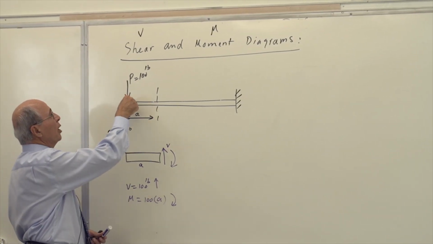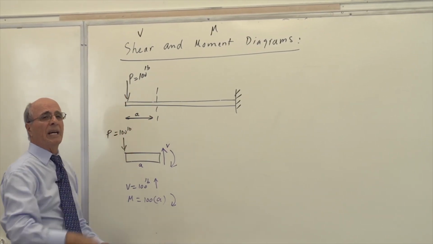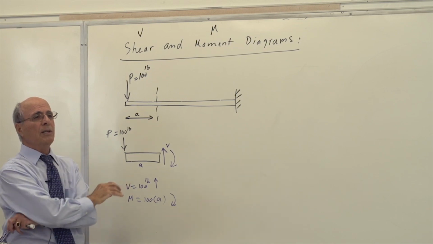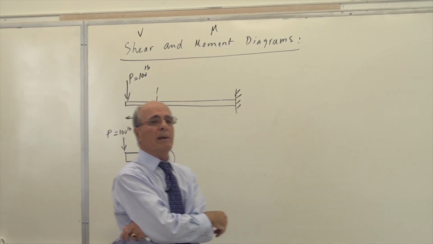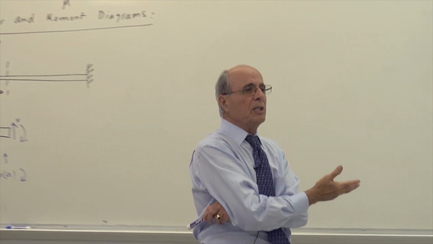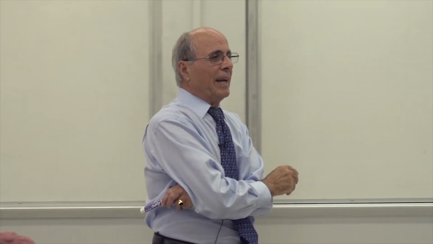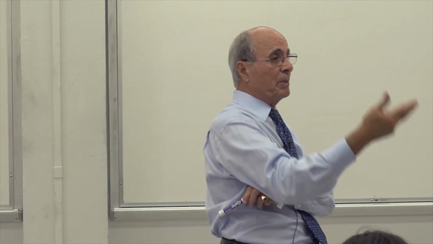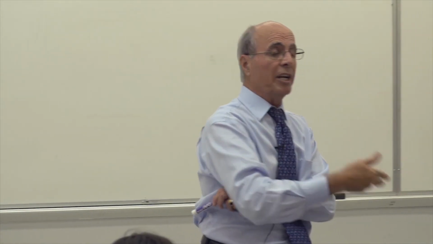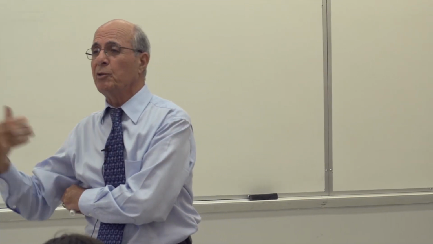Everybody, if you are at the free end here, the moment at that point must be equal to 0. As you go further and further and further, the value of M keeps increasing. So where do you think the M is maximum? At the end. This beam is very simple. So if you are a civil engineer or mechanical engineer, and you want to design this as a beam, where do you go to check your stresses?